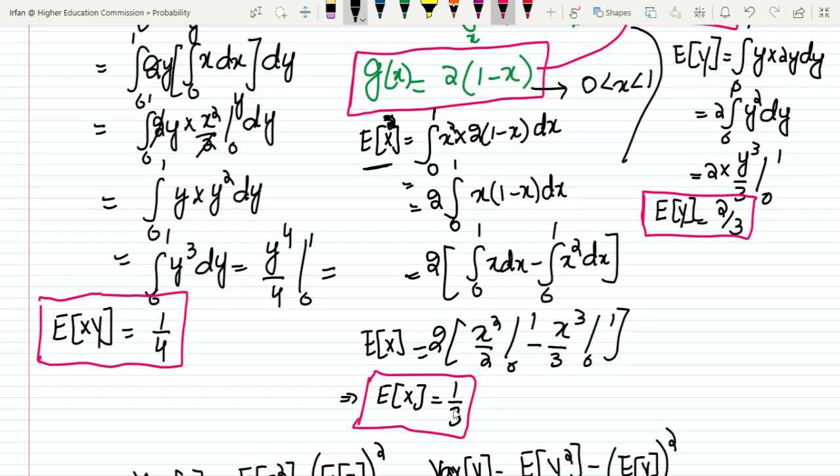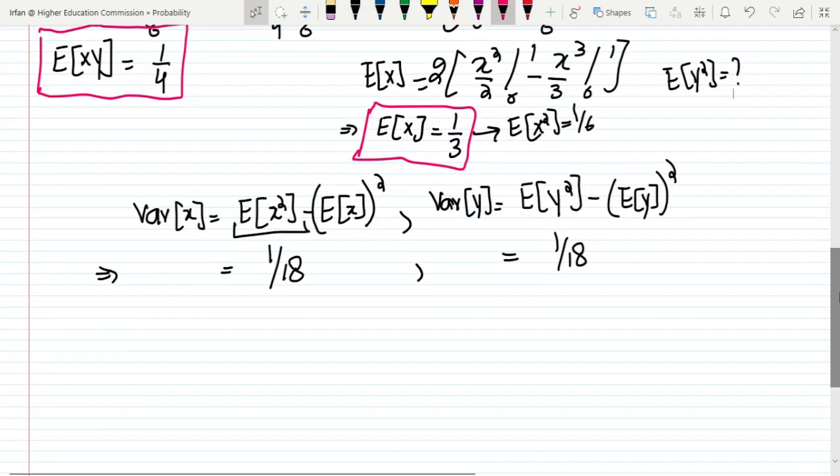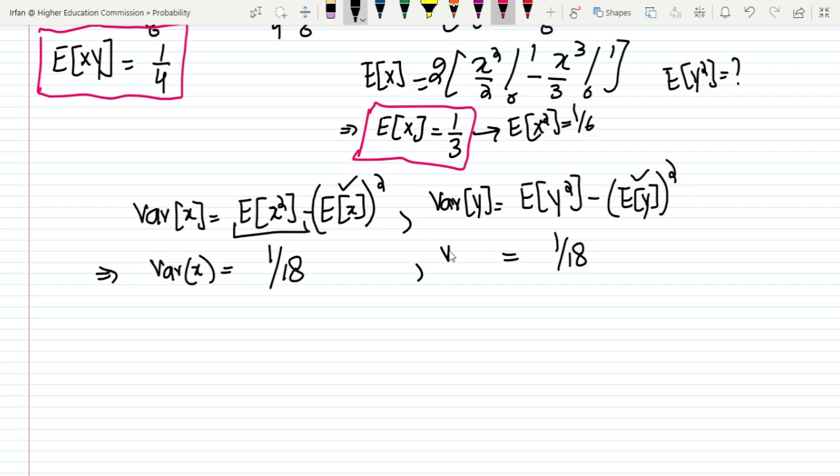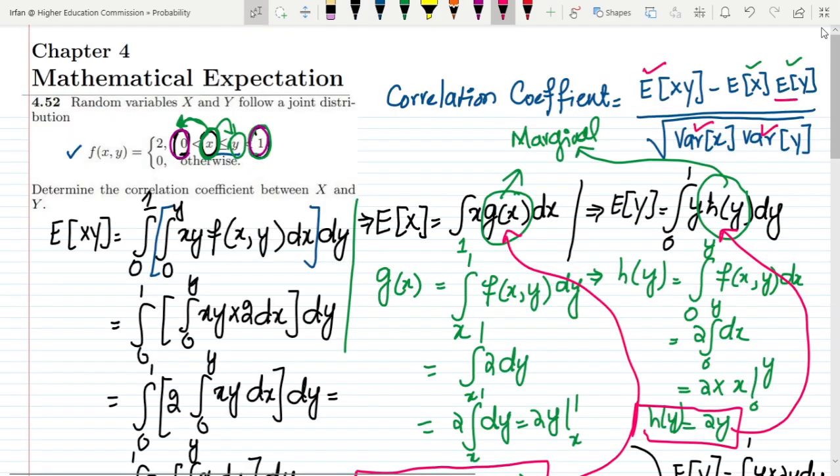You would get E of x squared equal to 1 by 6, and also for E of y squared some value. You have to put those values here because you already know the expected value of x and the expected value of y, and from them you would get these values. As you know that all these values are now given, let me put them all there.